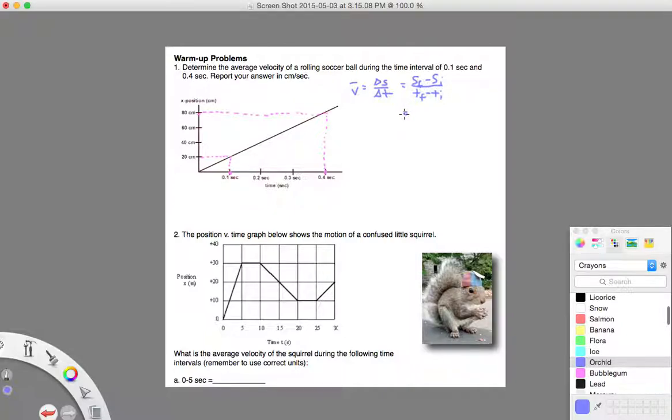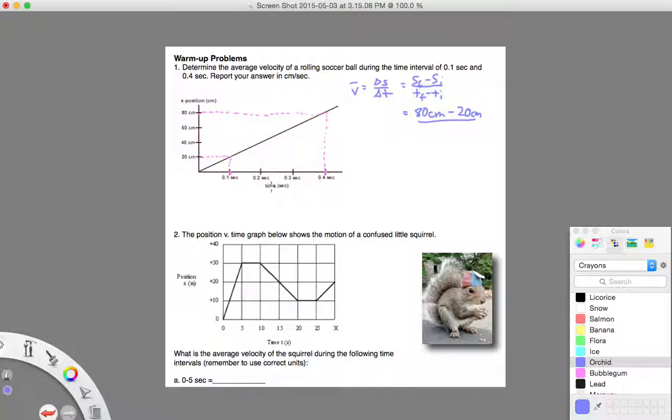So all I'm going to do right now is simply plug in the values. The final position in this time interval is 80 centimeters, and we're in the units of centimeters. That's what we want to report our answer in, centimeters per second. And our initial position is 20 centimeters. So it's 80 minus 20.